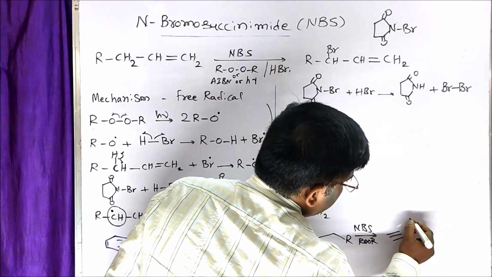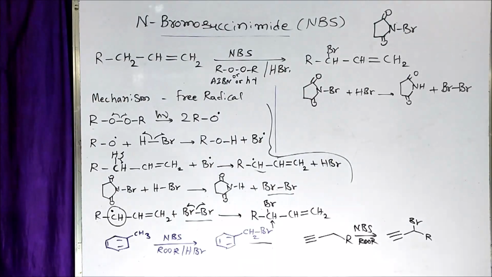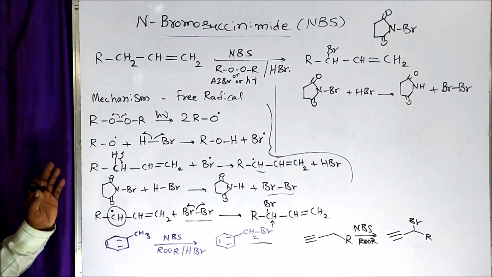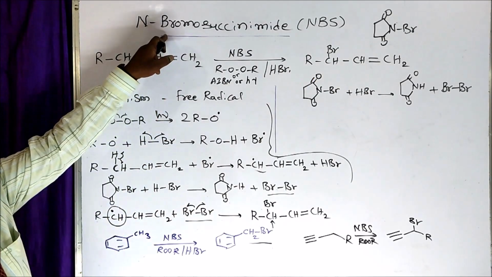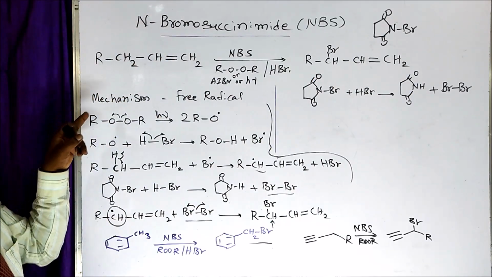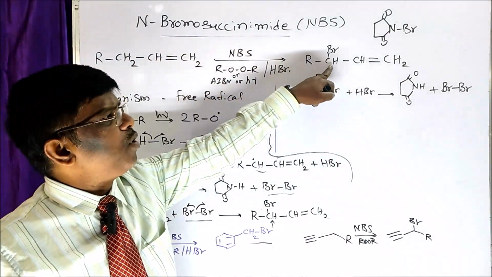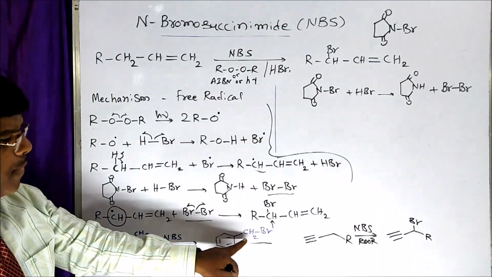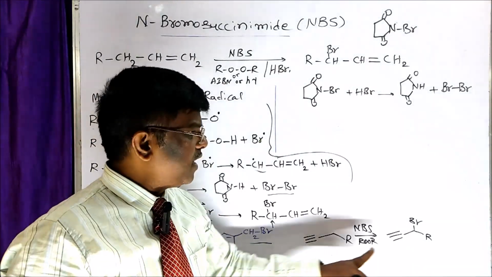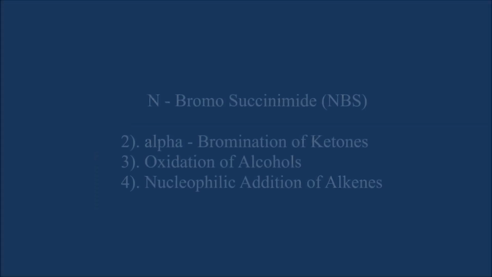You get bromine at the propargylic position. Dear students, so the common uses of N-Bromosuccinimide are bromination at the allylic position, benzylic bromination, or propargylic bromination.